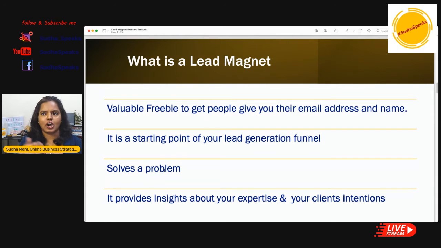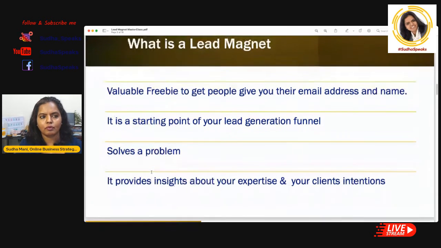You just come and throw it away or give it to your friend. Those are not lead magnets. They don't take your email address unless they're getting it from the conference organizer. So a lead magnet needs to solve a problem.